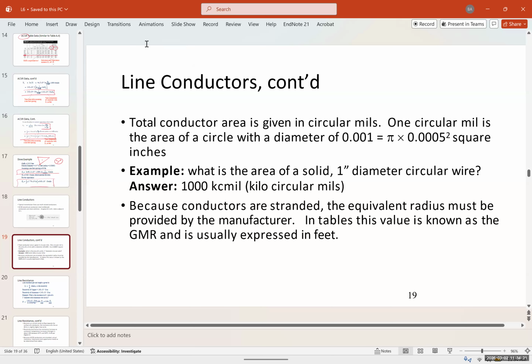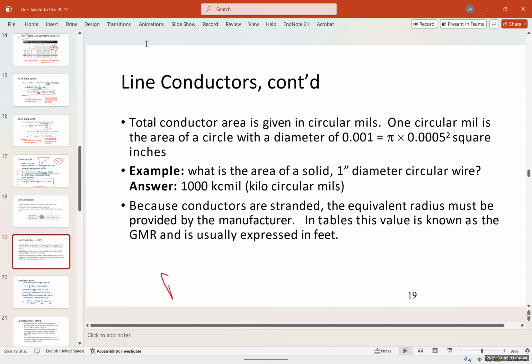So total conductor area is given in circular mils. One circular mil is the area of a circle with a diameter of 0.001 inch, which is pi times 0.0005 squared.